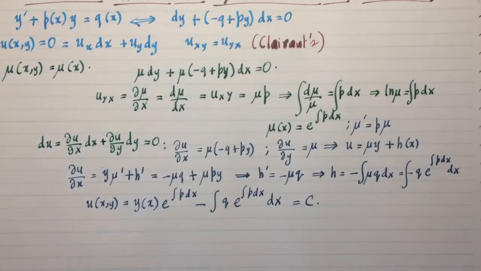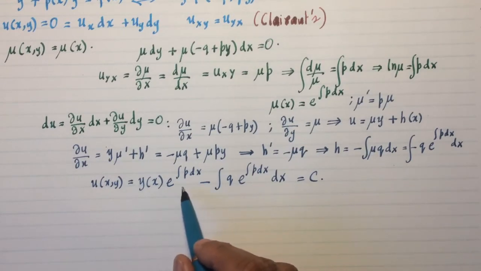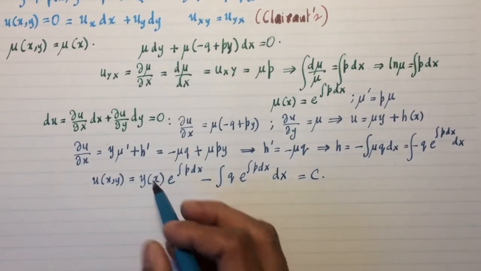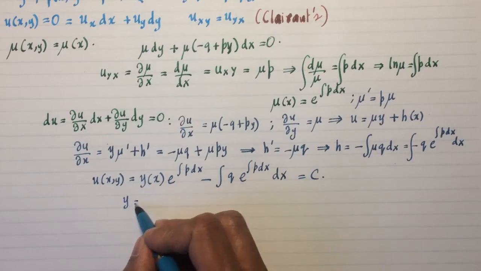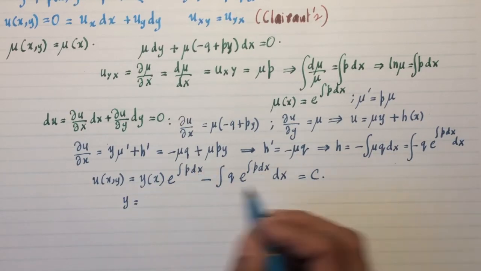So that's a pretty elaborate looking solution. All you now have to do is solve for y. So y can be solved for by taking this to the right side. So y times e to the integral p dx equals all that stuff.